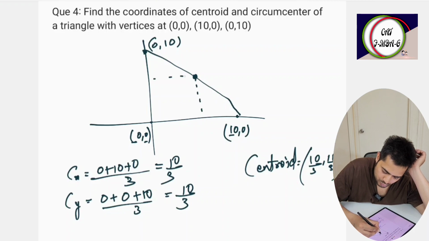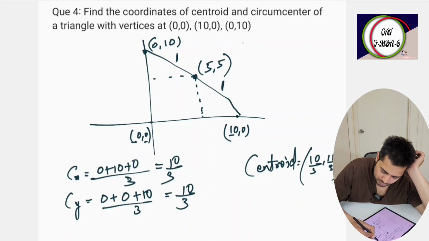So this is the midpoint of this whole line. So this coordinate will be (5, 5) based on my experience. Otherwise you can calculate also. This divides in the ratio 1 is to 1, so you can use the section formula.